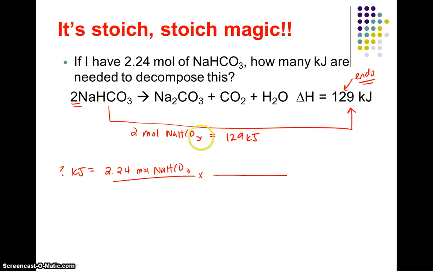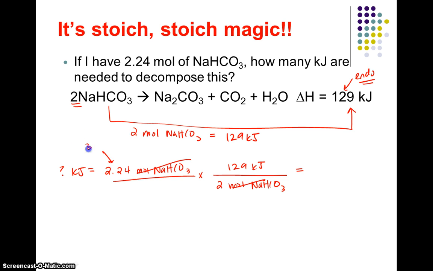So from my reaction, I know that every time I put 2 of these in, I require 129 kilojoules. So my units cancel. My 2 moles of NaHCO3 are going to go on the bottom, and my 129 kilojoules of energy that I'm requiring is going to go on top. My moles cancel, I'm now in kilojoules, so I'm going to multiply 2.24 times 129 and divide that by 2.